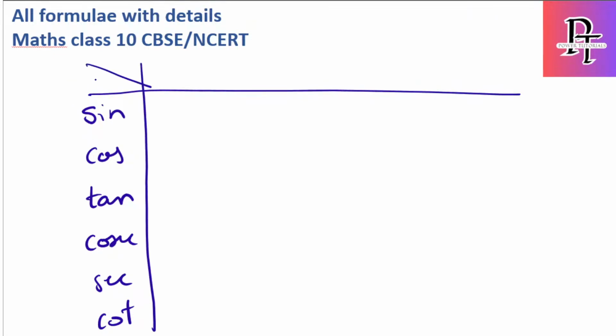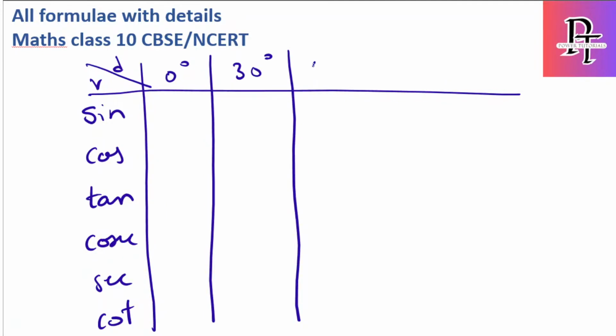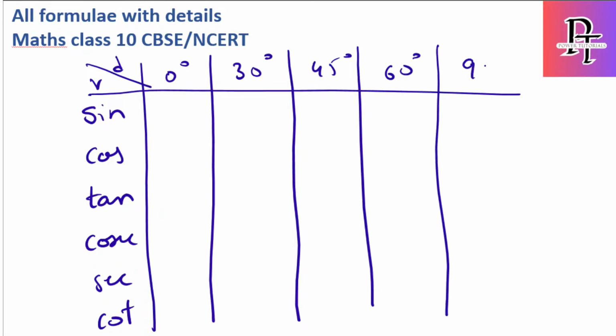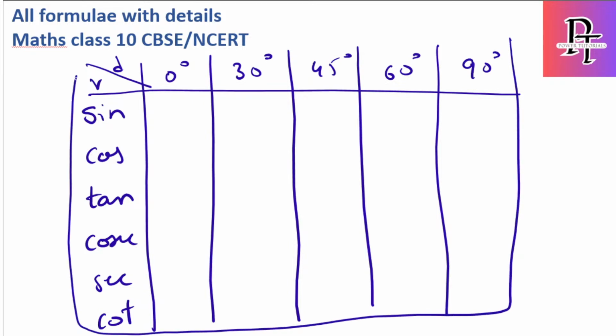These are the ratios and these are the degrees. As I mentioned, there are 5 important degrees you have to remember, which are 0, 30, 45, 60, and 90. I'll also help you with a trick to remember all 6 ratios.